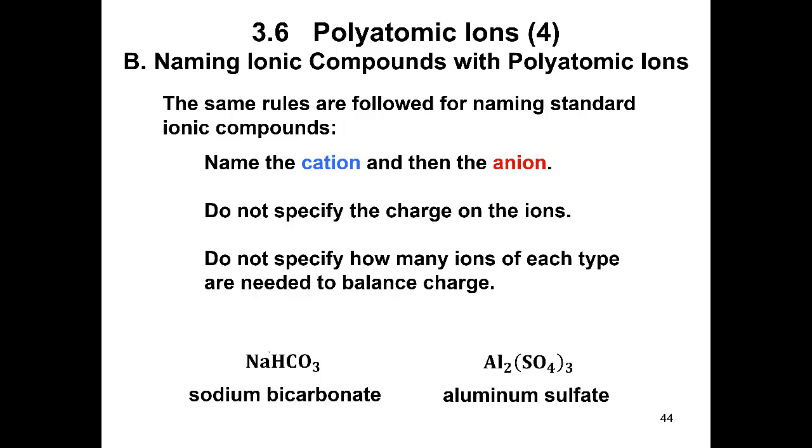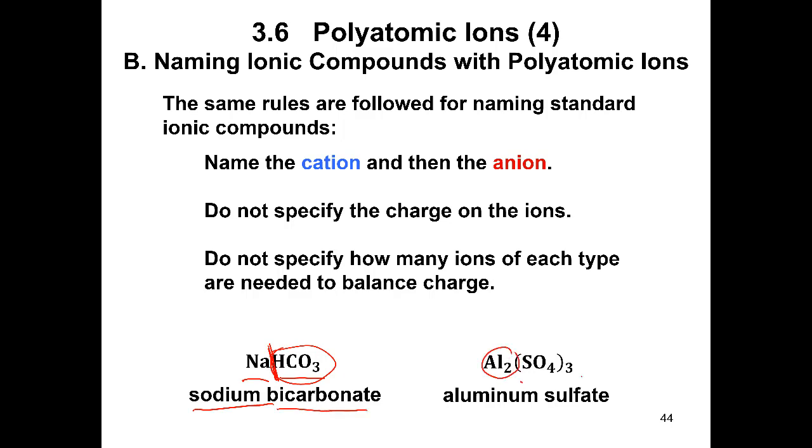There'll be one metal, and everything past that metal is the anion. So you name the metal, and then all the letters past that are going to be on that chart as a polyatomic ion. So this one is sodium, and then HCO3 is bicarbonate.